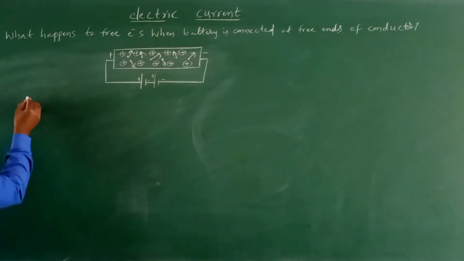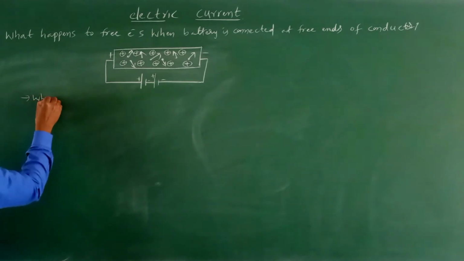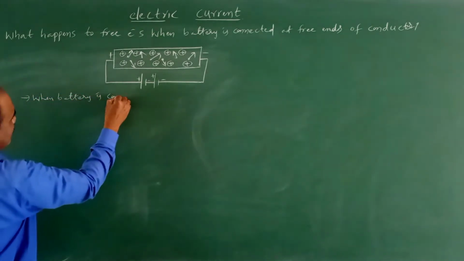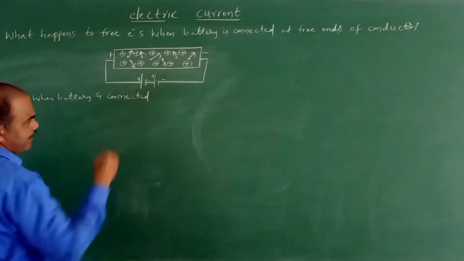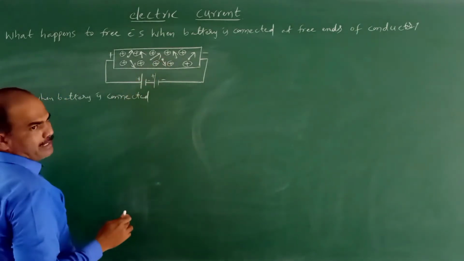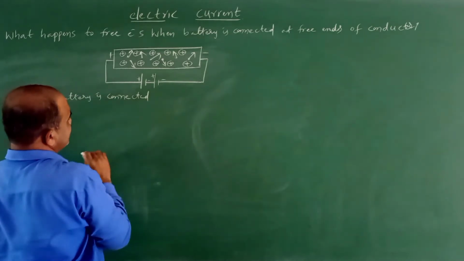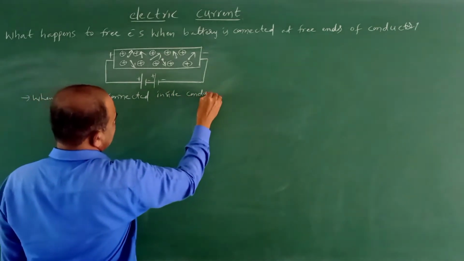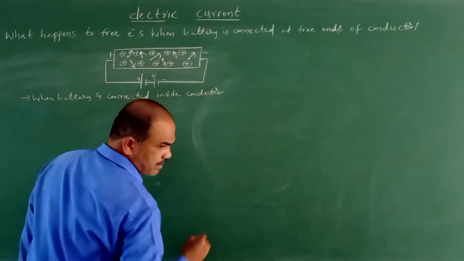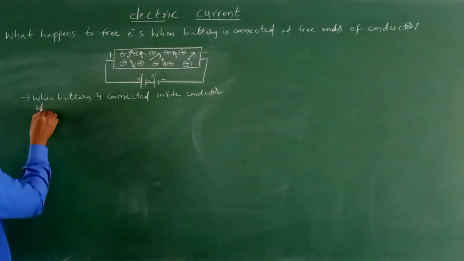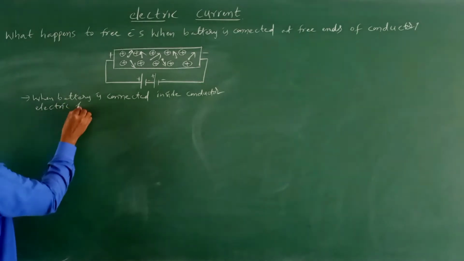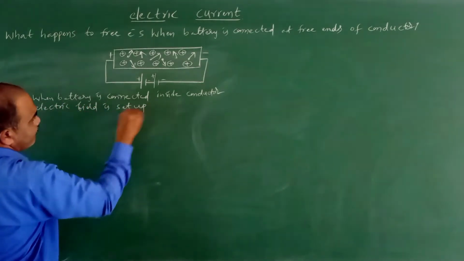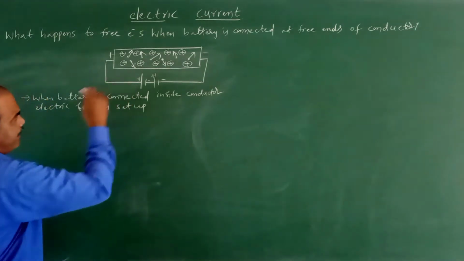When the battery is connected, first of all, what is developed inside the conductor? An electric field is set up. Now, what is an electric field?